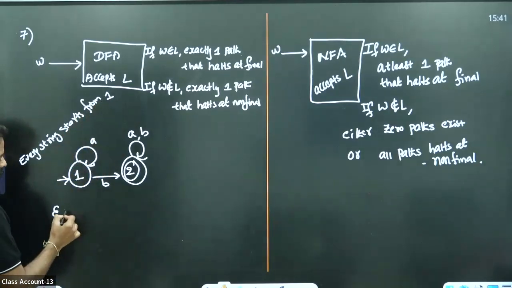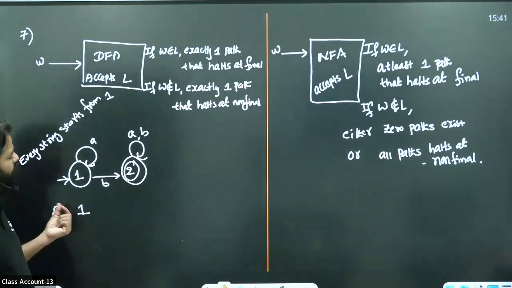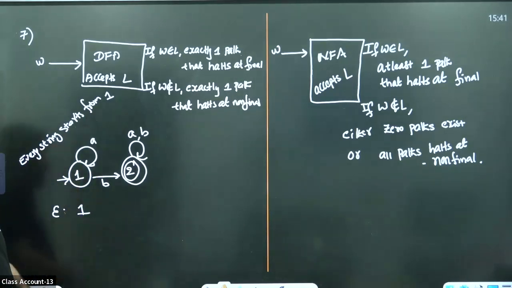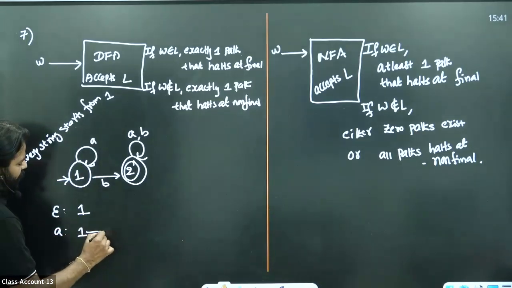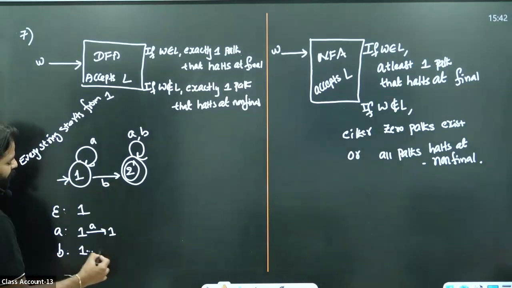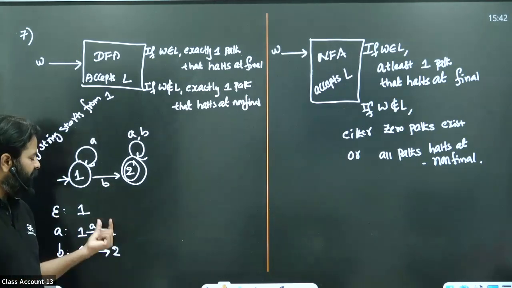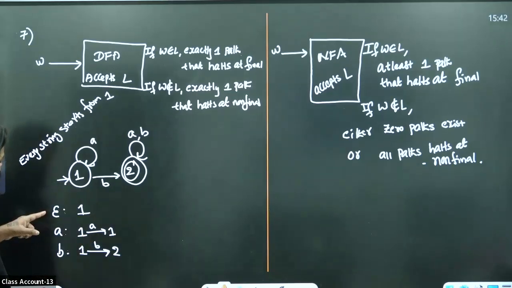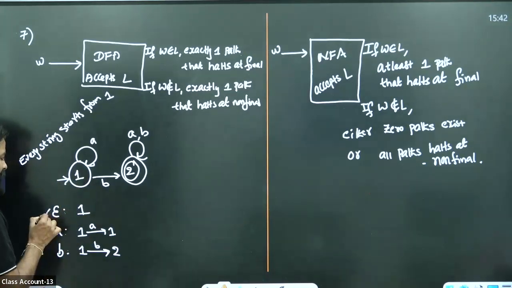Epsilon also starts from 1, but epsilon means don't read anything. Where will you halt? You will halt at 1 only. And A, it will start with 1, and after reading A, it will halt at 1. B, it will start with 1, but after reading B, it will halt at 2. So for any string, if the machine halts at final, then that string is valid. Now epsilon halts at 1, so it is invalid.